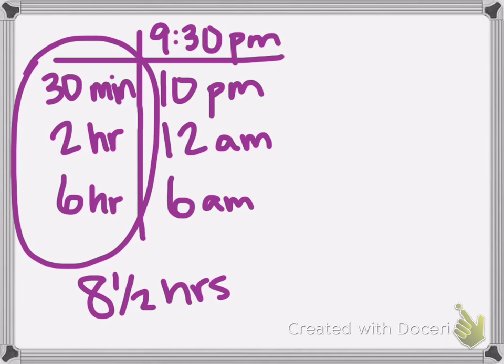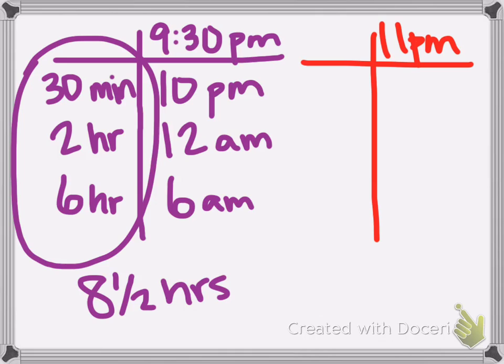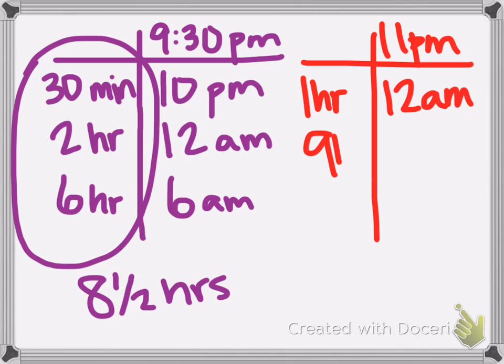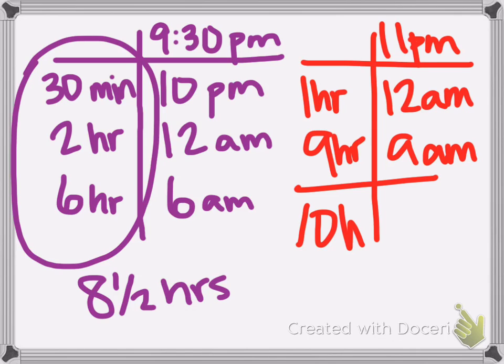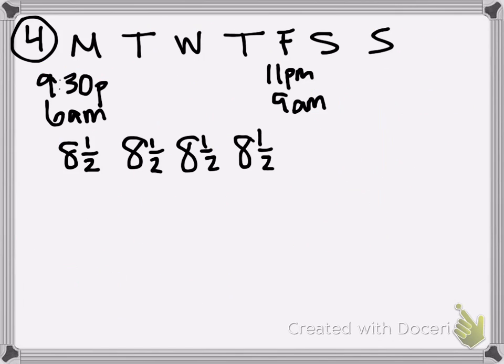No. Start at 11 p.m. 1 hour gets us to 12 a.m. And 9 hours get us to 9 a.m. for a total of 10 hours. So it's 10 hours here.